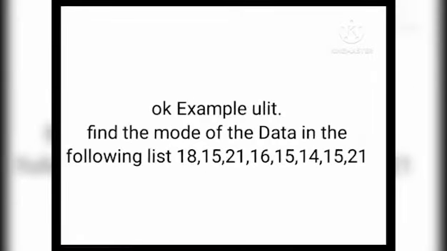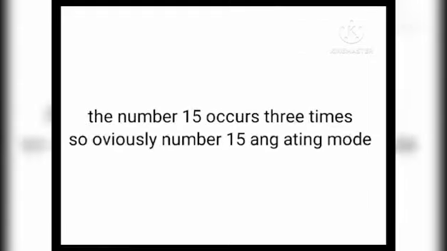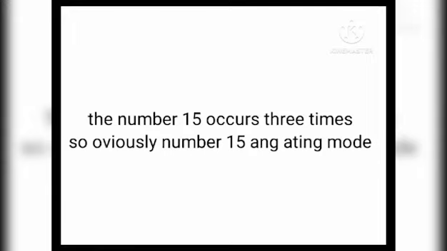For example, find the mode of the following list. We have 18, 15, 21, 16, 15, 14, 15, 21. So, obviously, yung number 15 ay nakatatlong beses siya naulit sa isang set.